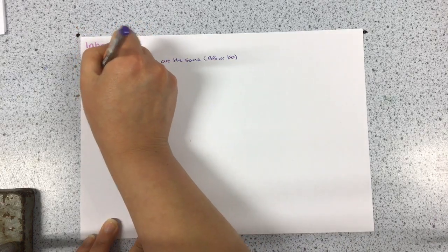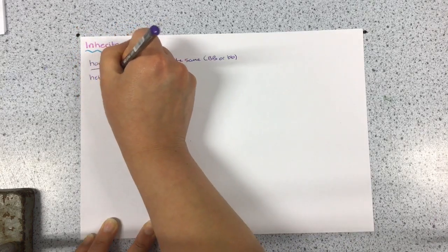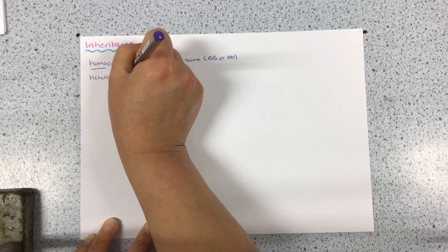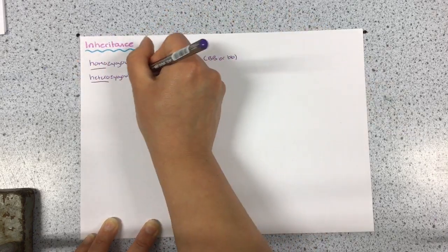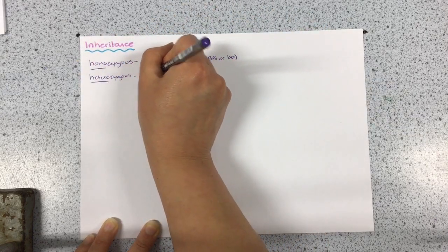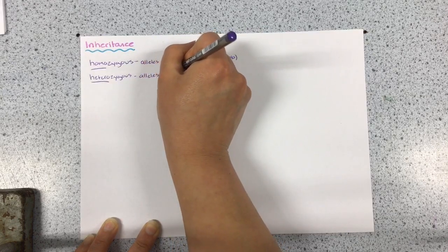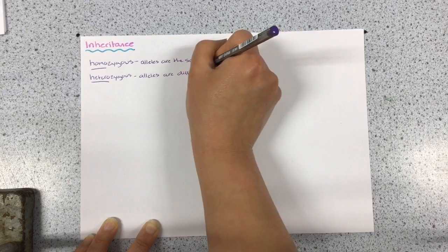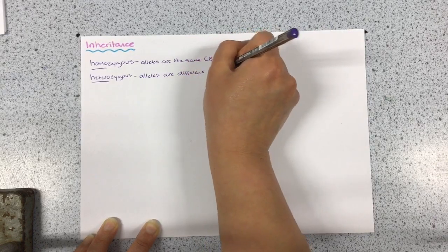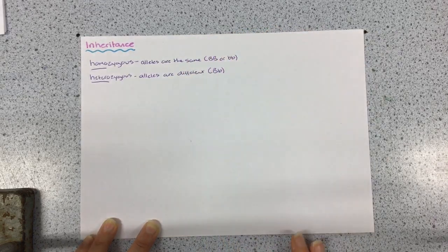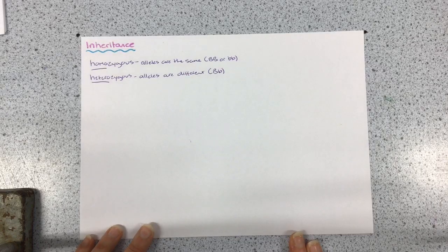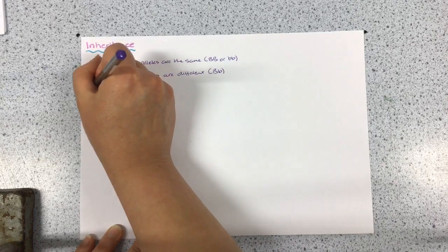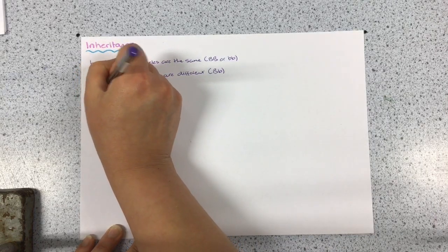So if we look at heterozygous, the first part of that word, hetero, means different, so the alleles for the individual are different. E.g., big B, little b. That would be a heterozygous individual. I've said alleles twice now. Hopefully by this point in year 11 you know what an allele is.